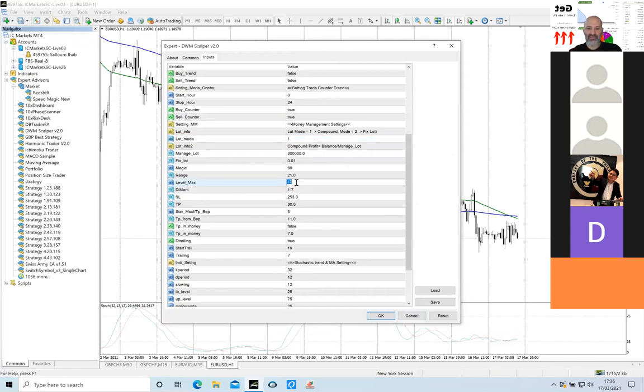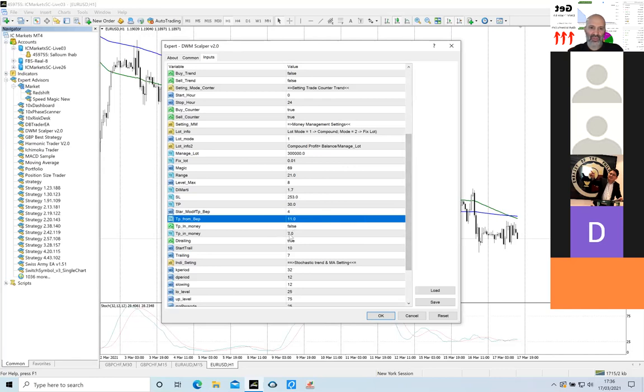We can put the level max equal to 8. I will keep the martingale because in a sideways market, I like to use martingale. And I will let it start working at 4 levels. And target 11 is fine.